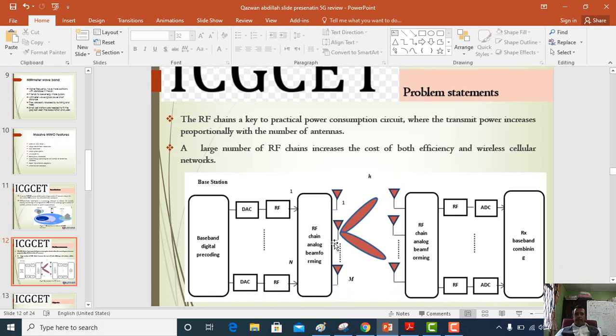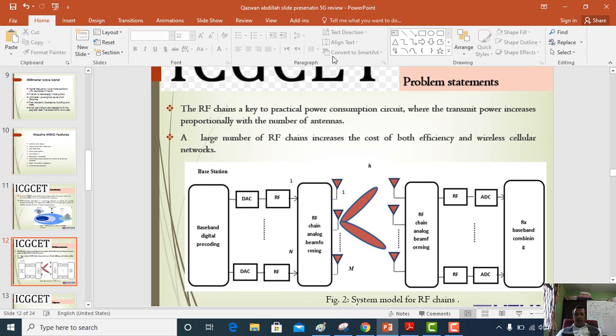The problem statement: the RF chain is the key practical power consumption circuit, where the transmit power increases proportionally with the number of antennas. A large number of antennas increases the cost and reduces the efficiency of the wireless network. We can see in this system we have the transmitter, the digital to analog converter, and the RF chains which are connected to the antennas through the phase shifters.